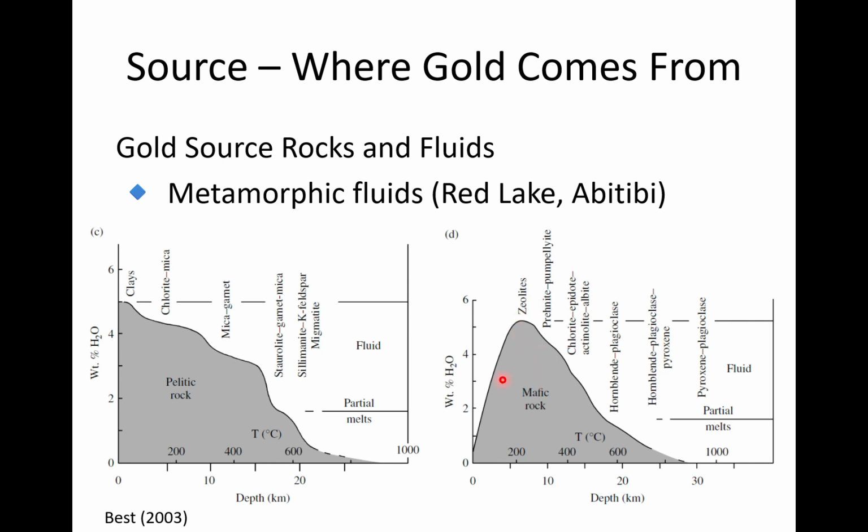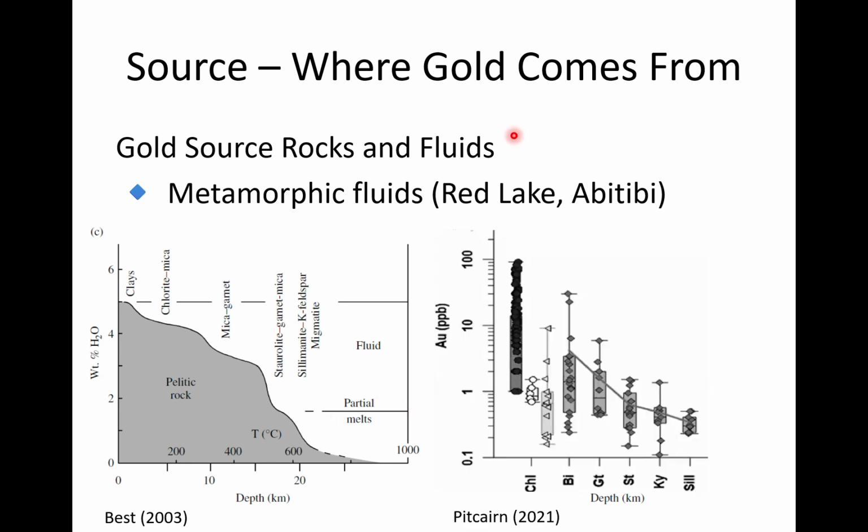And depending on the exact composition of the system, especially the remaining water concentration, partial melting may begin somewhere near 700 degrees C to form migmatites. The example of this fluid source type in Canadian goldfields is in Archean greenstone belts like the Abitibi or Red Lake districts.